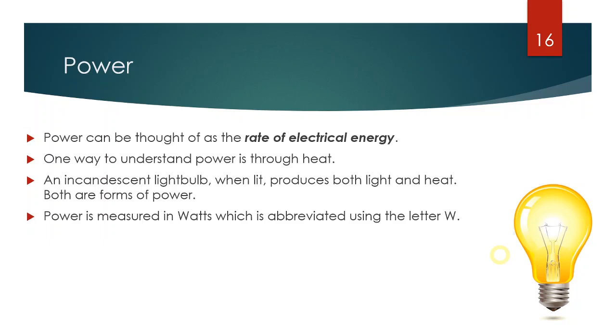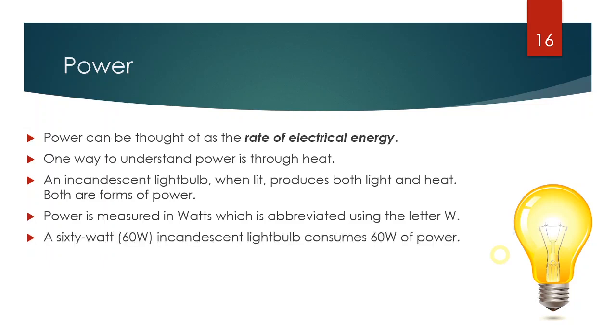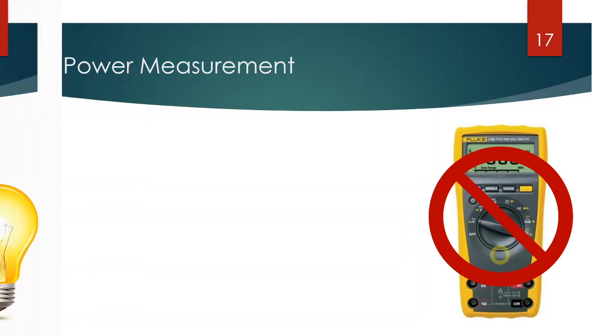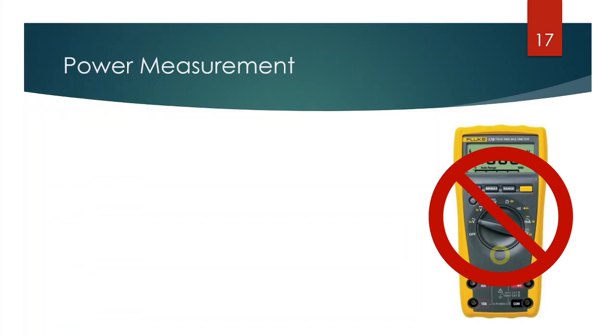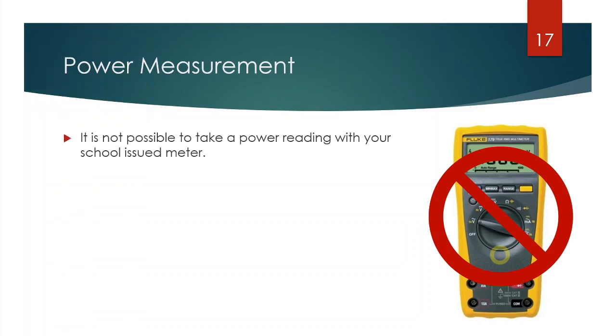So if you go out and buy a 120-watt equivalent LED light bulb, it's probably only going to pull something like 10 watts, which is why it's an energy saver. So a 60-watt incandescent light bulb, I'm very specific to say incandescent light bulb, will consume 60 watts of power. Okay? We cannot measure power with our meter. Okay?